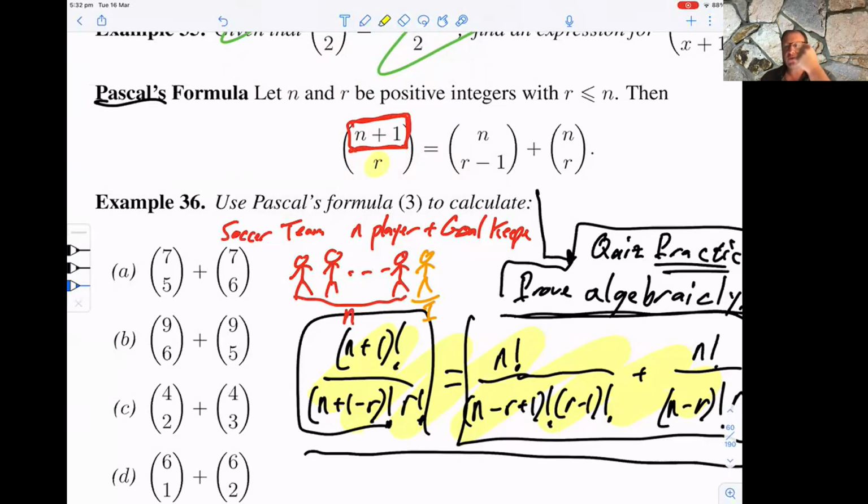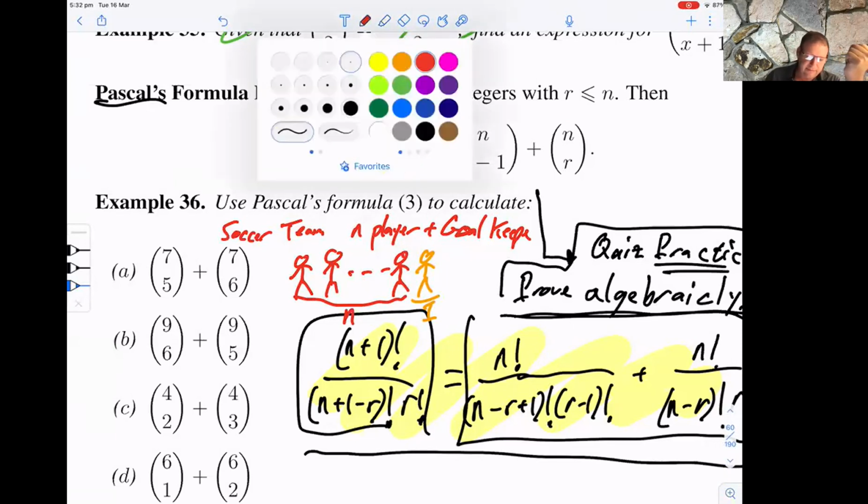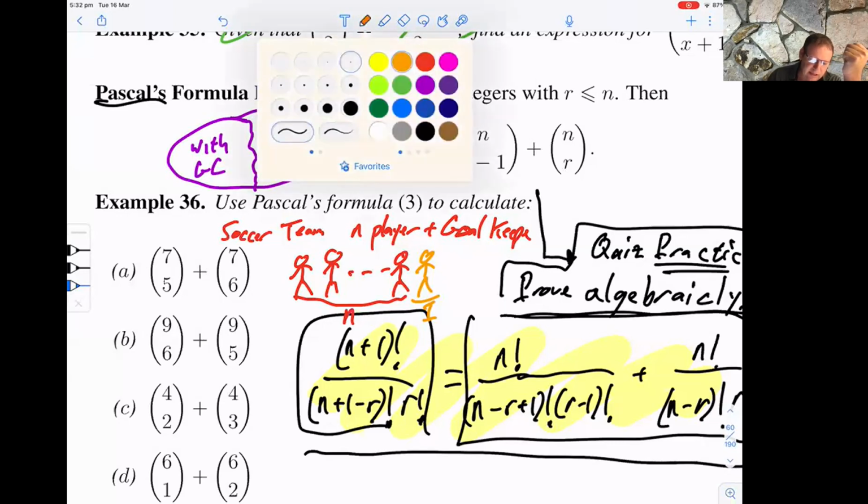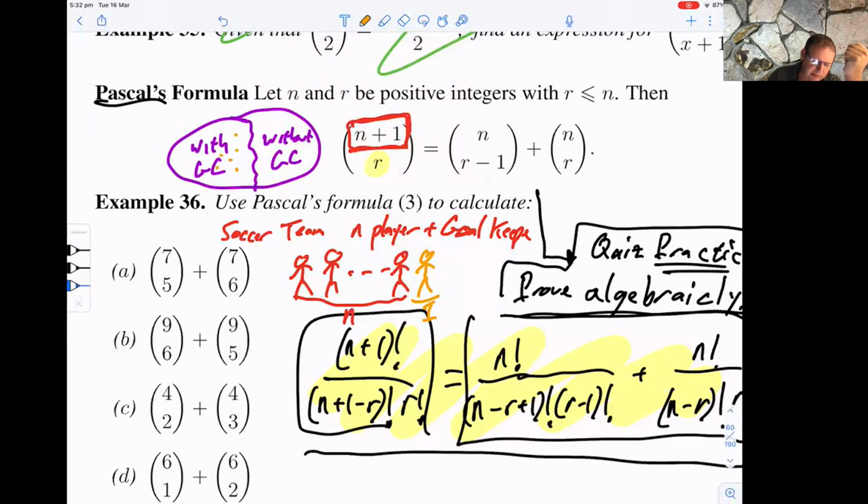Now, if you grab a subset, you'll have subsets that have the goalkeeper and subsets that don't have the goalkeeper, right? So if this was the set of all subsets of size r, you have with goalkeeper and without goalkeeper. Each point here is a different subset.